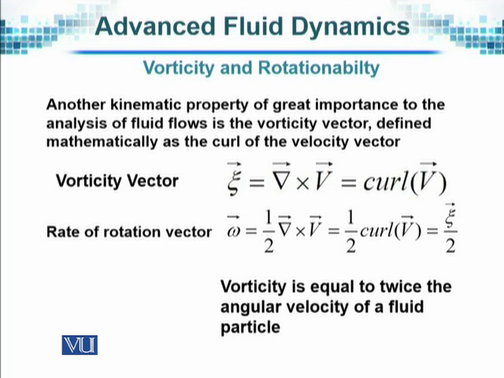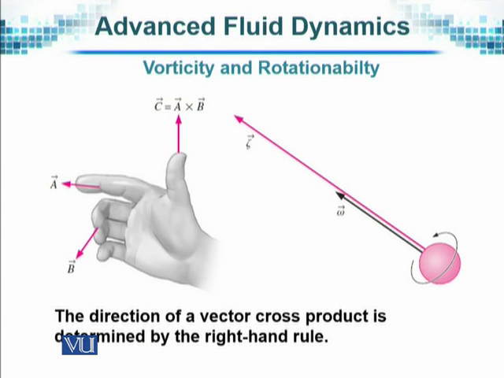So del cross V multiplied by half will represent the rate of rotation vector. So rate of rotation is half of vorticity. But if we have to say how much is vorticity, vorticity is then twice of angular velocity or rate of rotation, or twice of omega. So 2 omega is equal to the vorticity vector.